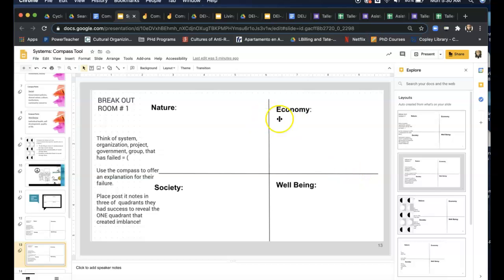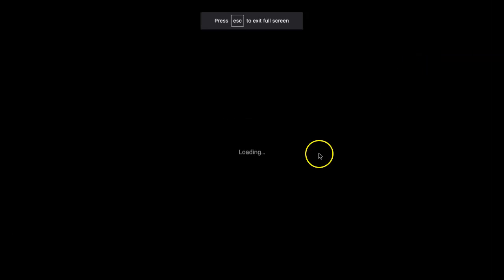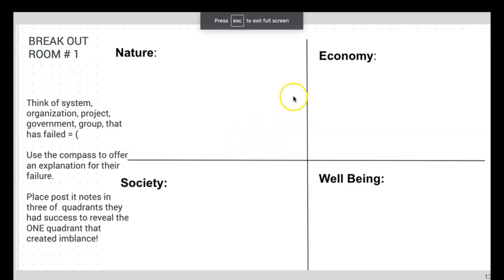So what that means is that on your second compass analysis, one of the quadrants is going to be either empty or have less in it, because you're going to use the compass to say, this is why this organization, this system, this structure did not function well. So you might put a couple of post-it notes in society, in nature, in economy, but then you'll reveal that the well-being was missing.